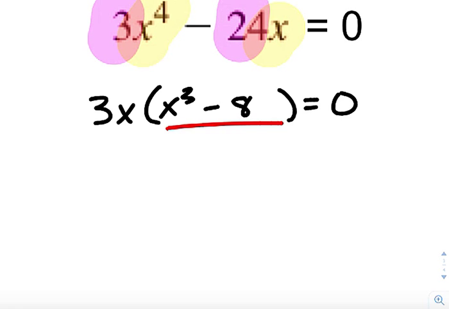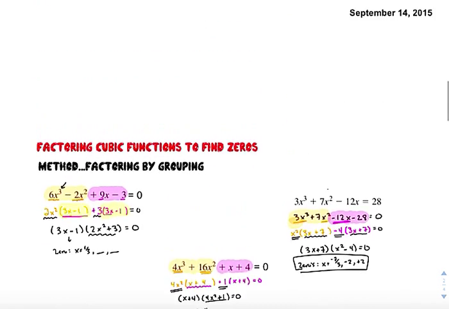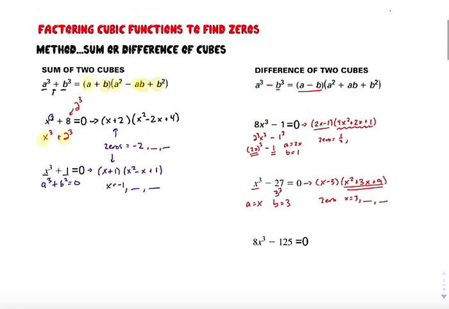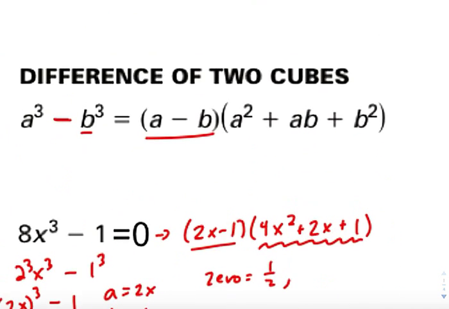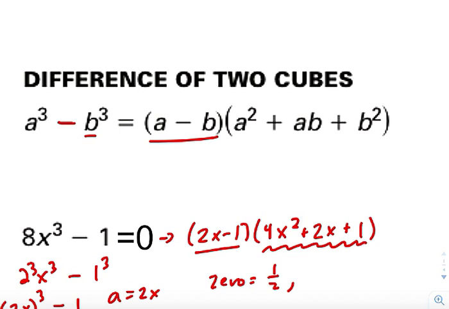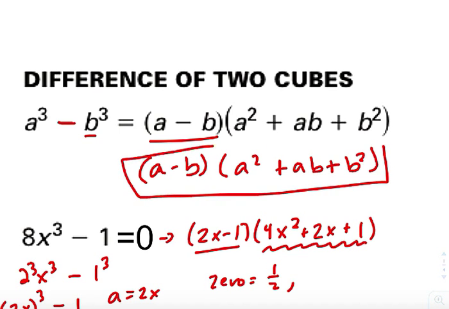If you forgot the difference of cubes, let's go back up to the top. And so the difference of cubes is going to be this formula right here, where if we have a difference of cubes, we can rewrite it as a minus b as our binomial term, and then our quadratic term will be a squared plus ab plus b squared. Okay, so let's go ahead and grab this.